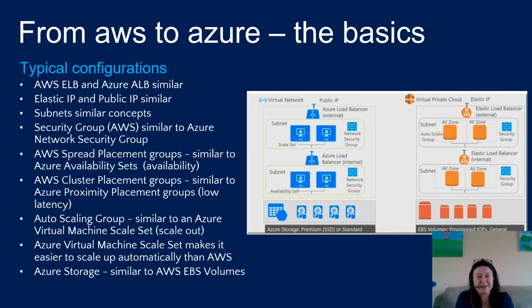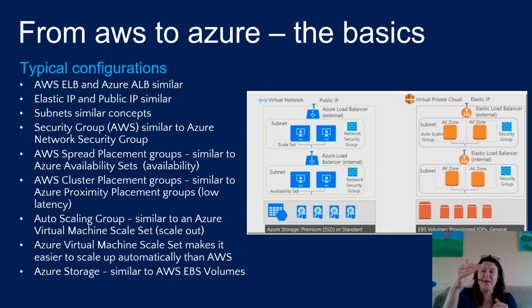So a cluster placement group is almost the opposite of that. It's saying, I want these two virtual machines to be close in proximity. I want them to be on the same stack. And the reason you might do that is because you want fast access from one to the other. You want low latency. You want the network calls from one to the other to be very fast. So in this case, it might be from subnet 1 to subnet 2.